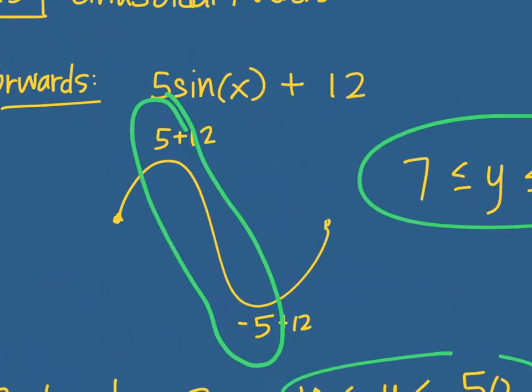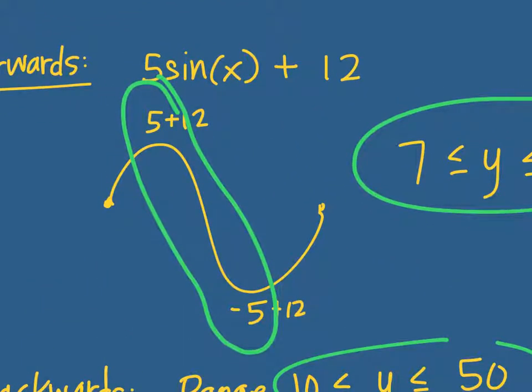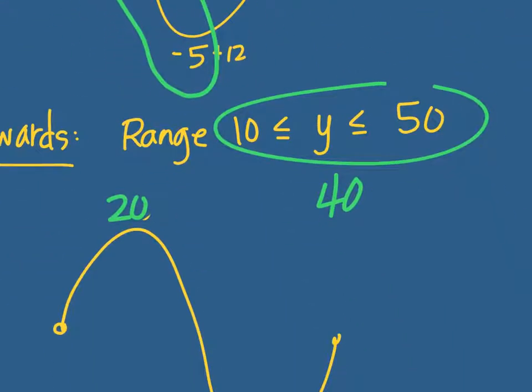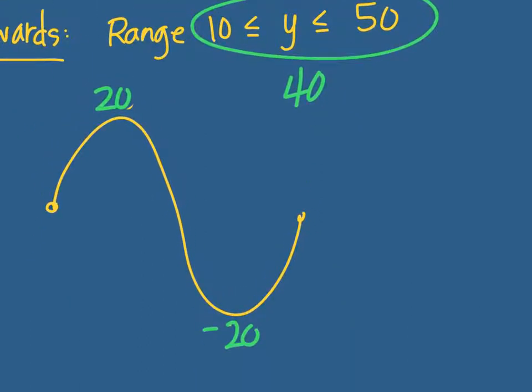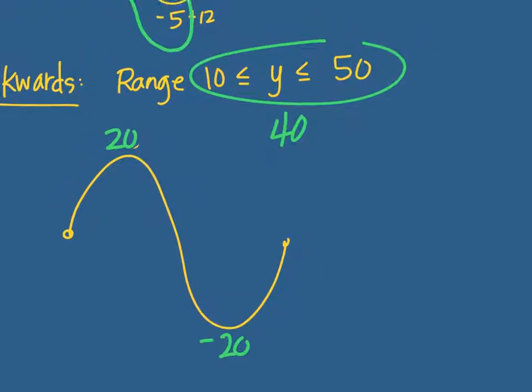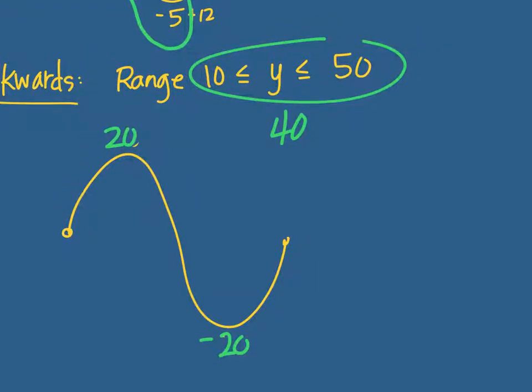Do you agree with me that the gap between 5 and -5 is 10? Half on the top, half on the bottom. 5 up, 5 down. If we are trying to make something that has a gap of 40, I need half on the up and half on the bottom. So if we divide it in 2, we can have 20 on the top and 20 on the bottom. So what number was added to that 20 to make the shift end up at 10 and 50?